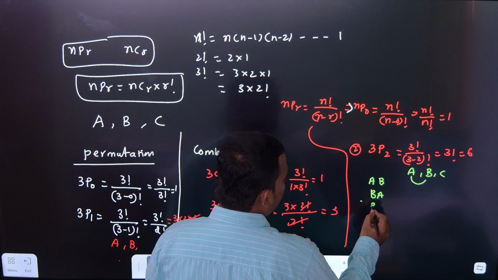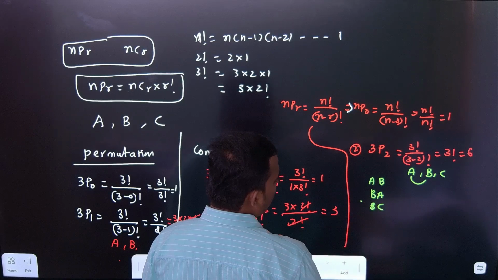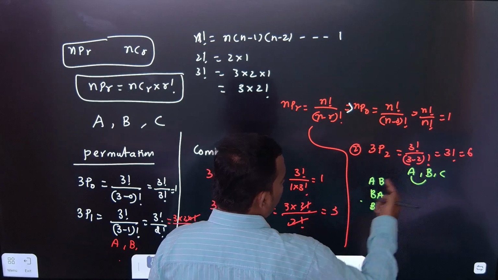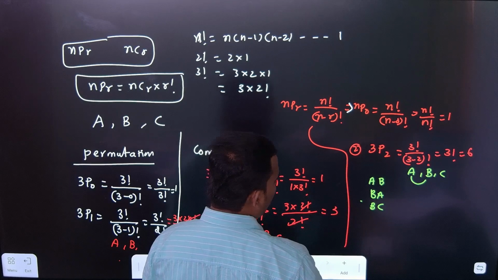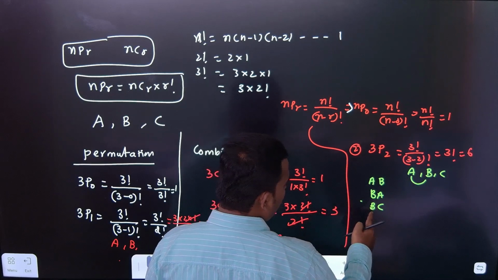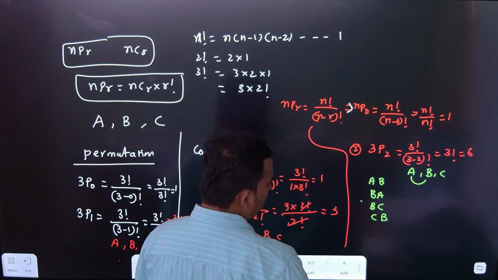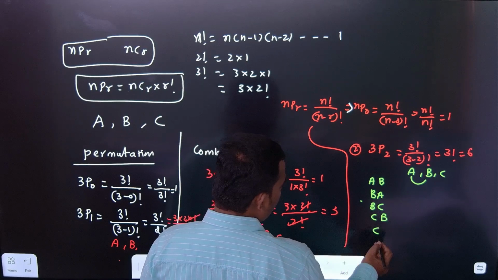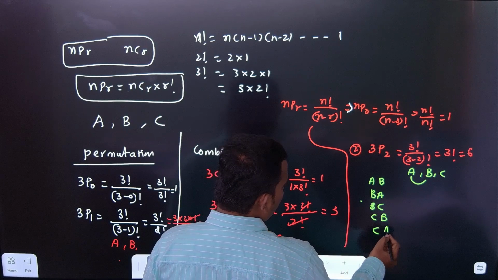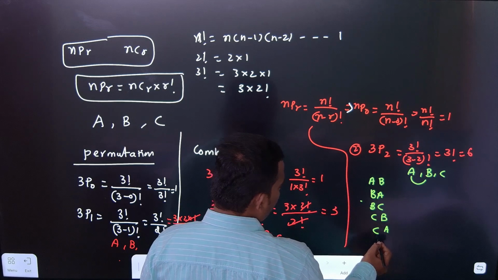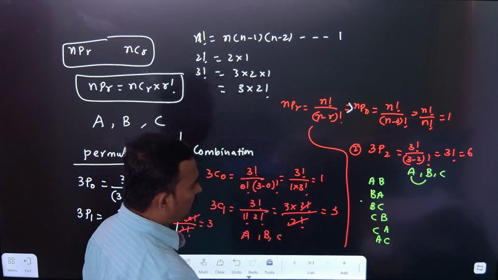Then B, C, and C, B. Otherwise, C fixed here, C, A, and A, C, right?